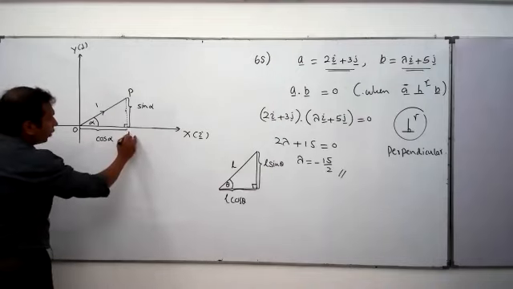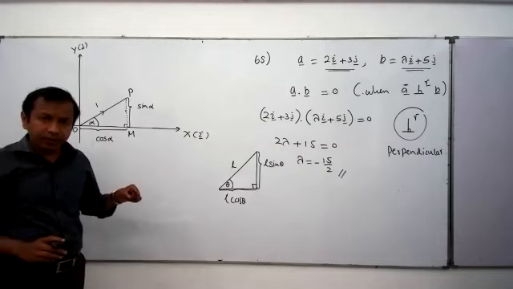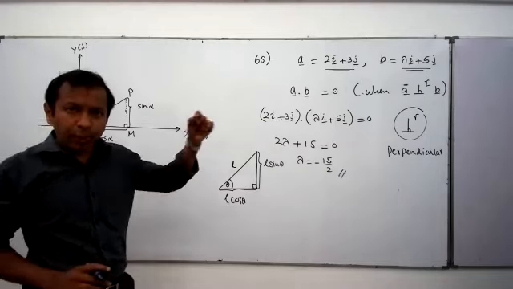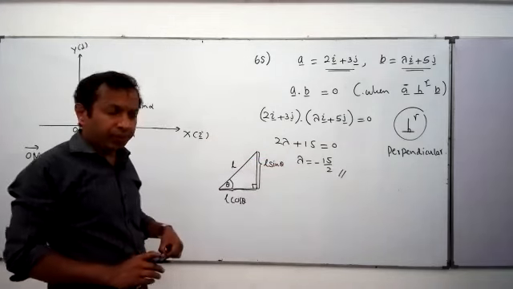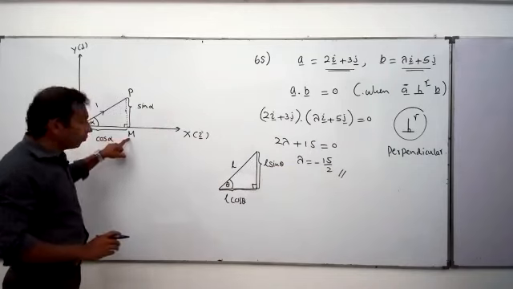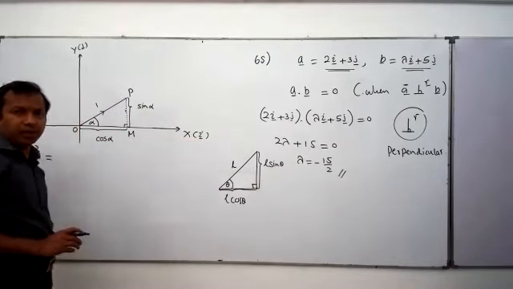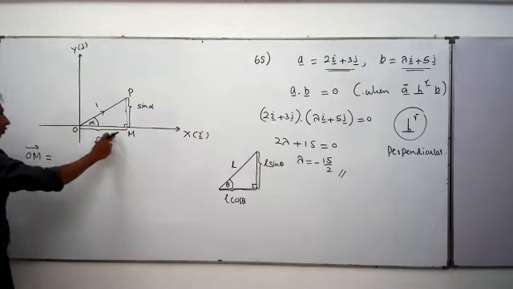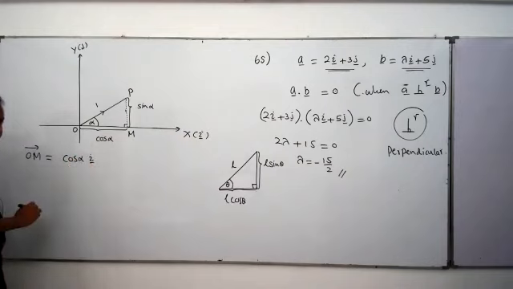If I take this point as, people, M, you can now write the OM vector. OM vector you can write as the OM length multiplied by the unit vector in that direction O to M. In the direction O to M is the positive x direction, the unit vector is i. Then we can write the OM vector, how, people? Cos alpha times i. Correct, no? A vector is written how?